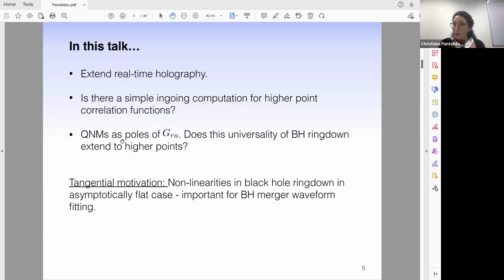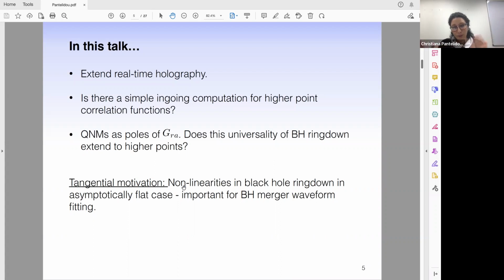Now, there is another sort of tangential motivation, and I'm not going to say much more about this other than what I have here on the slide. So another motivation for studying these nonlinearities actually comes from waveforms from black hole mergers and the observation of gravitational waves from the LIGO collaboration a few years ago.